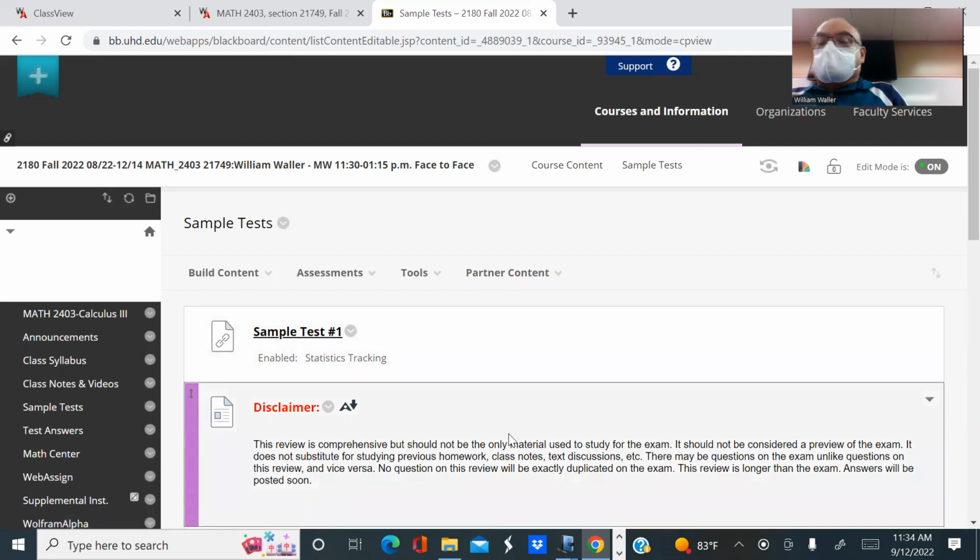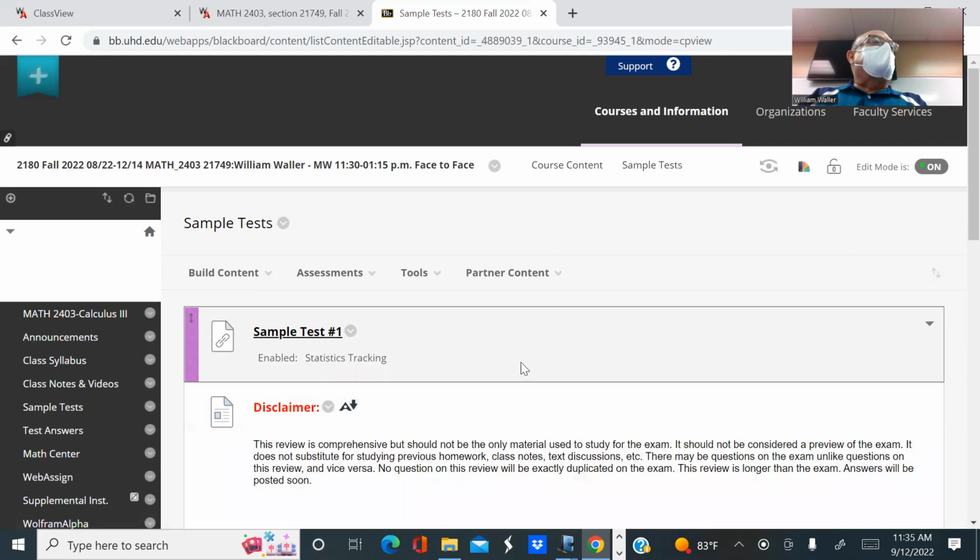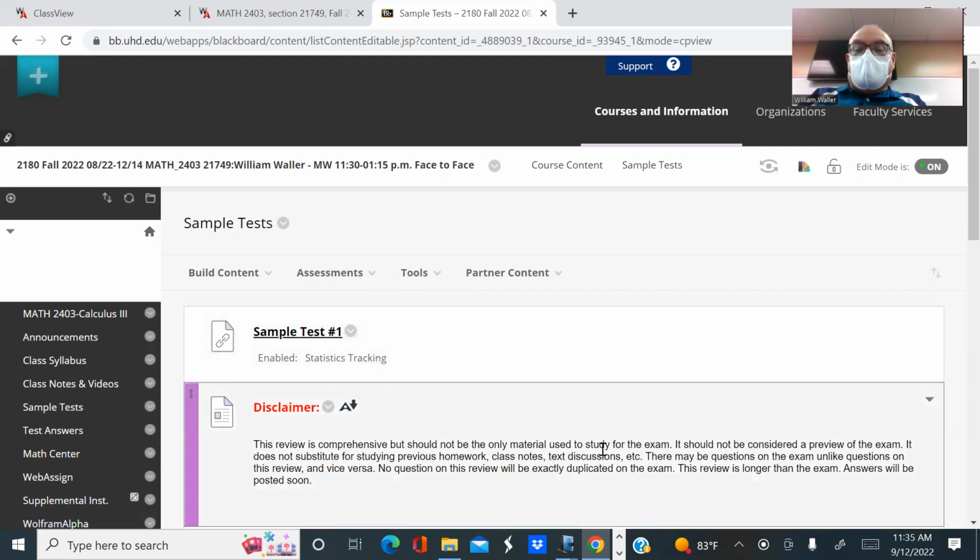Be sure you read the disclaimer, which just says this sample test is not the test. In particular, it's important to keep in mind that the sample test is longer than the test.